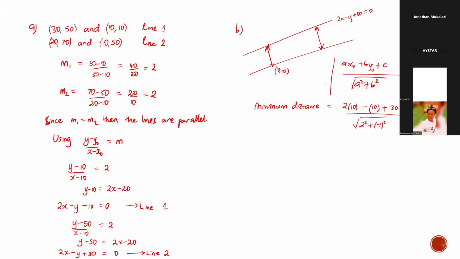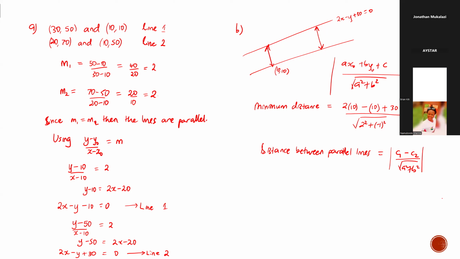But the thing is, particularly for parallel lines, you realize that they have the same A and B values. And so the numerator is actually always going to be C1 minus C2, divided by the square root of A squared plus B squared.